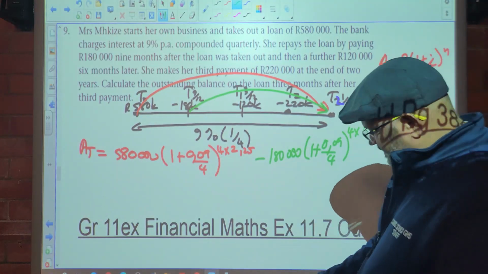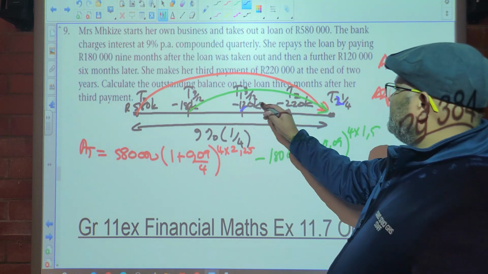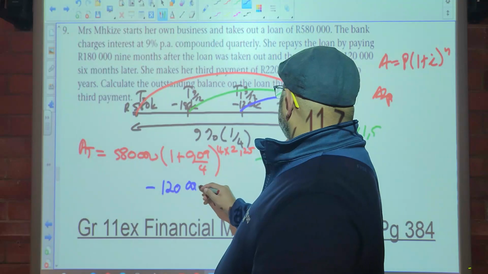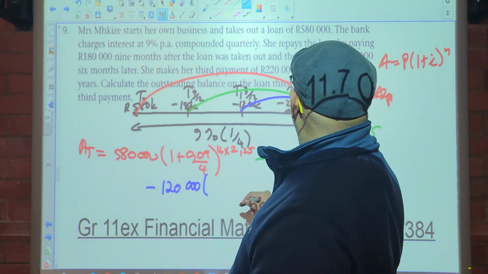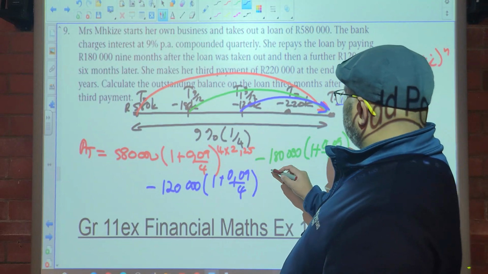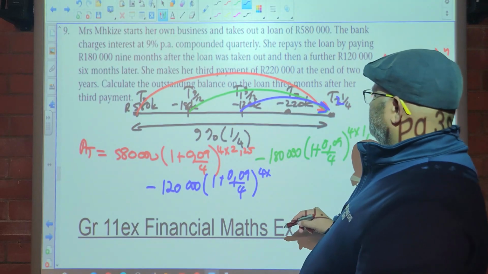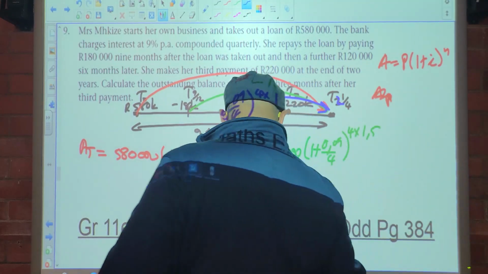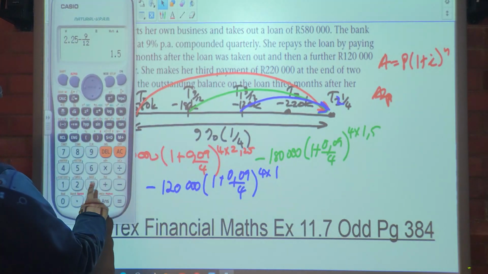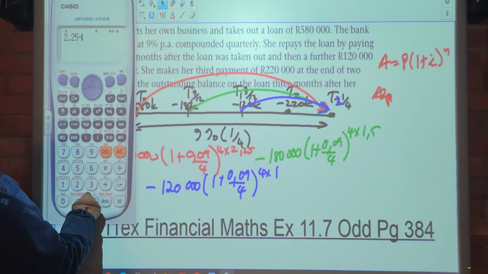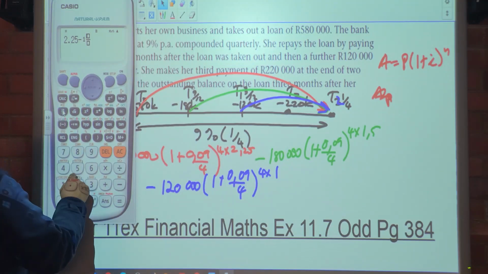Then we take that negative 120,000 into 1 plus 0.09 over 4 to the exponent 4 times 1 year. So it's going to be 2 and 1/4 minus 1 and 3 over 12.